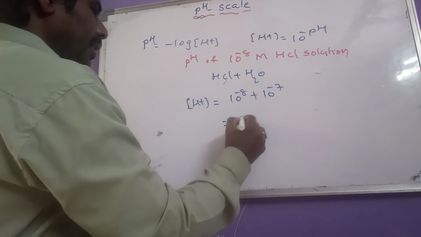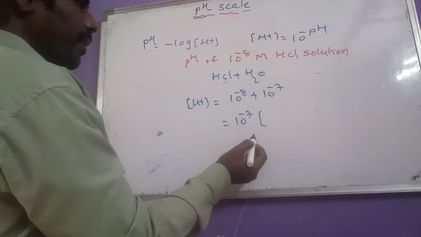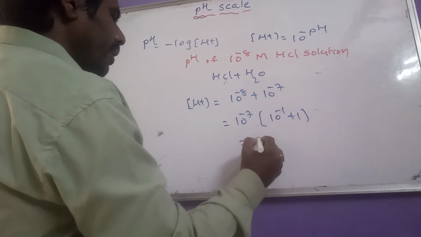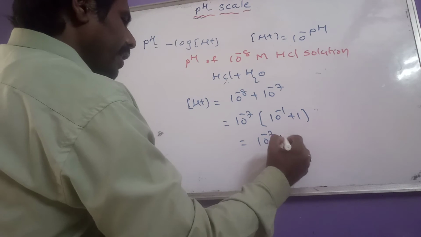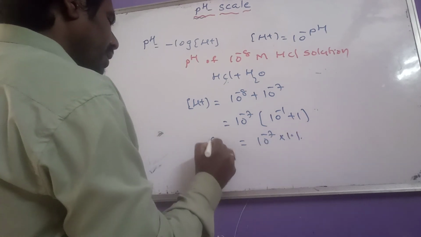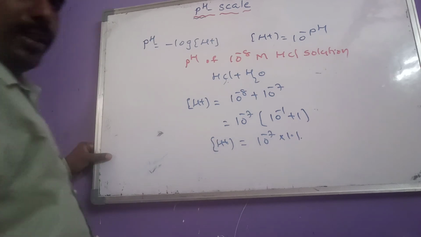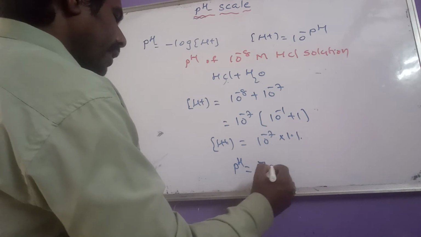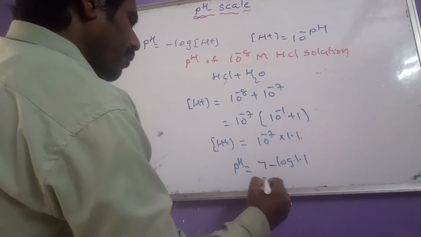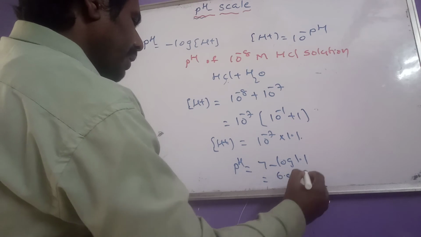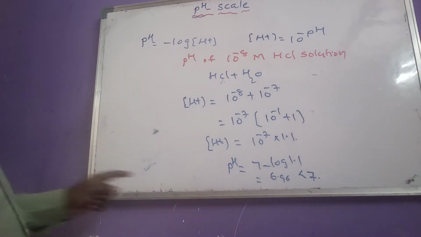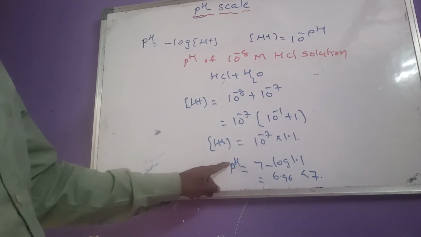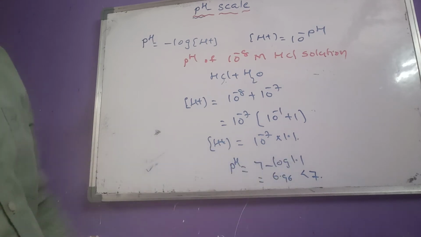Taking 10 power minus 7 common between these two, you get 10 power minus 7 into 1.1. So this is the H plus ion concentration. Now therefore pH equals 7 minus log 1.1. That means we get 6.96, less than 7.